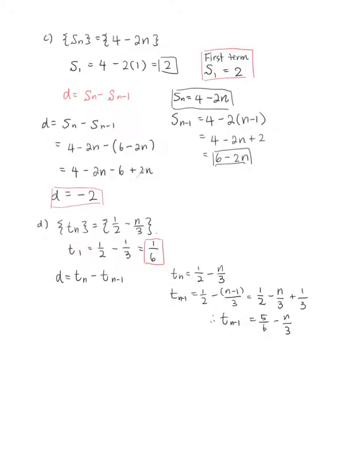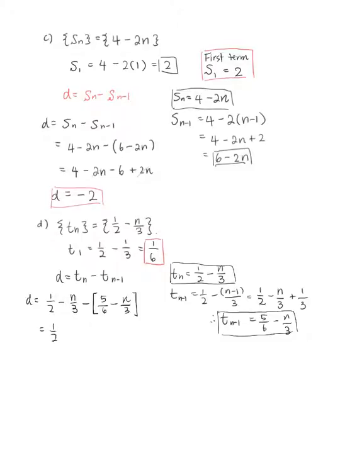Alright, so let's plug it in. So our d is going to be t sub n, and then minus t sub n minus 1. So what do we get? 1/2 and then minus n over 3 and then minus 5 over 6 and then plus n over 3.